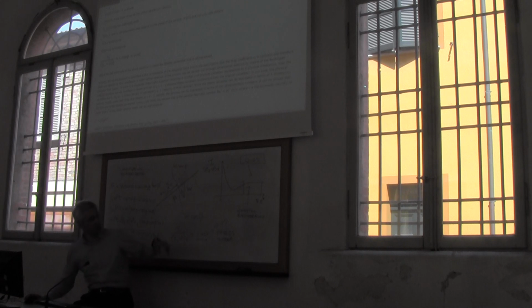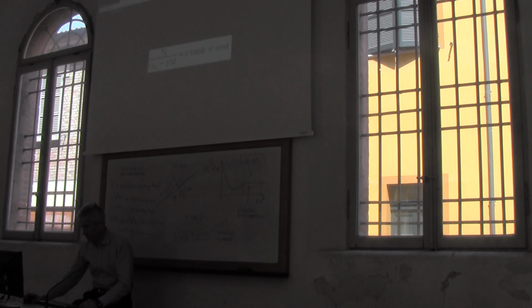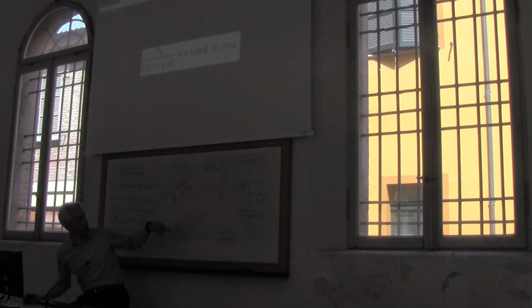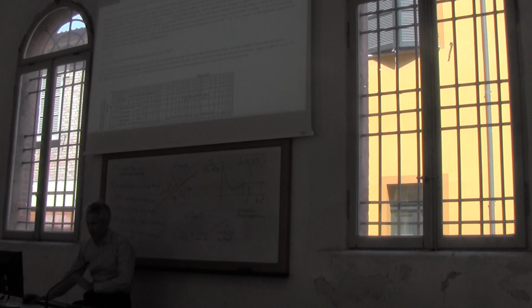If beta is different from 0, the relationship is mine, which means that you have to correct the Shields diagram. Sorry, I forgot to tell you this before. So the Shields diagram applies only in this case here, where beta is equal to 0. Instead, if you want to apply my relationship, the Shields parameter needs to be corrected. Let's see how it's corrected, with formulations that you don't need to remember.